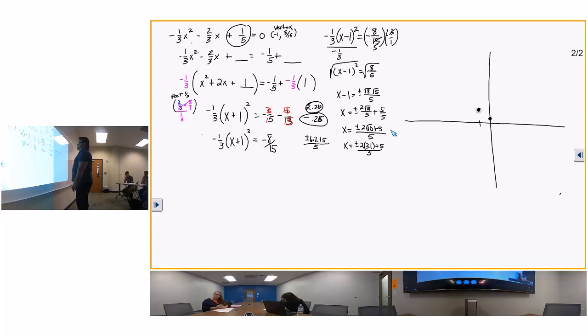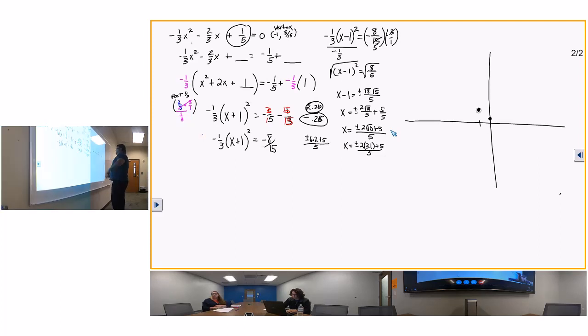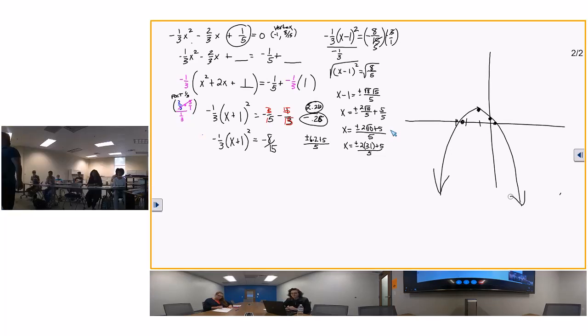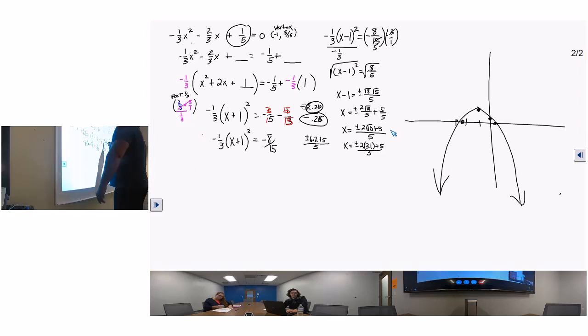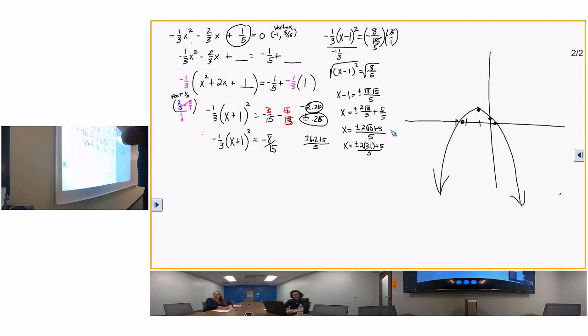It should be this way, unless I drew something wrong. I think I should have switched signs. 2.26 should be down here, and then 0.26. Somebody check my signs. I've done something wrong there.